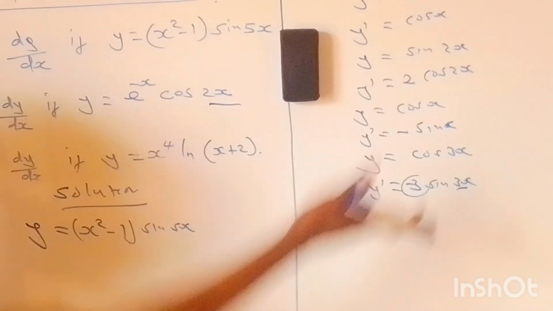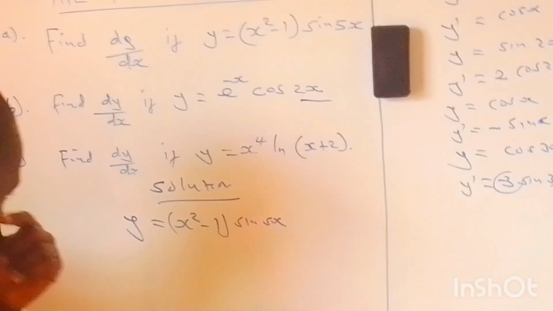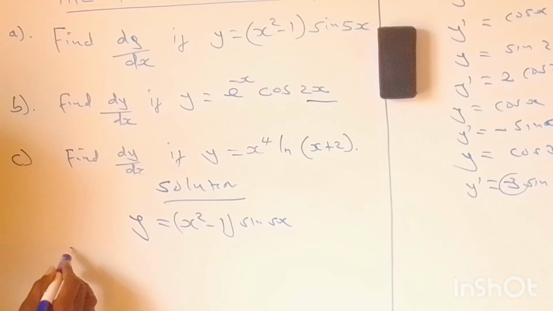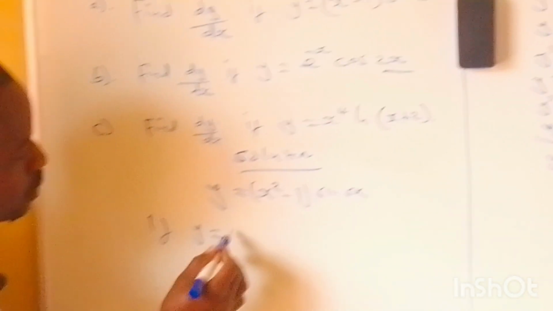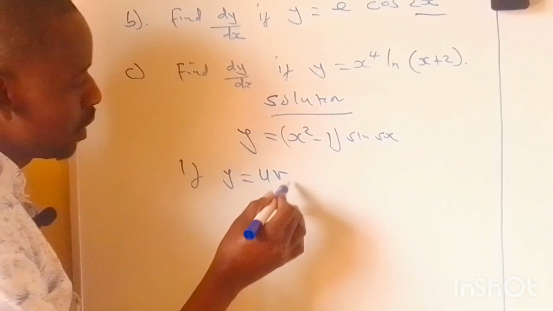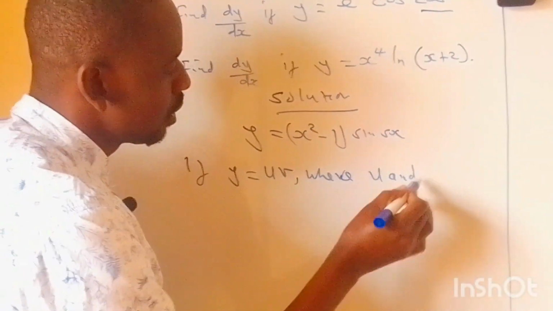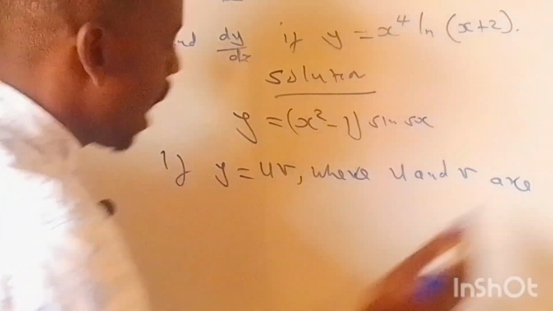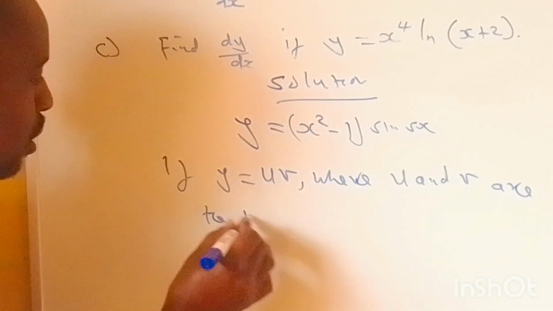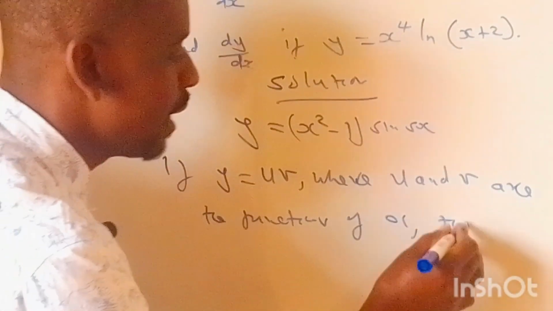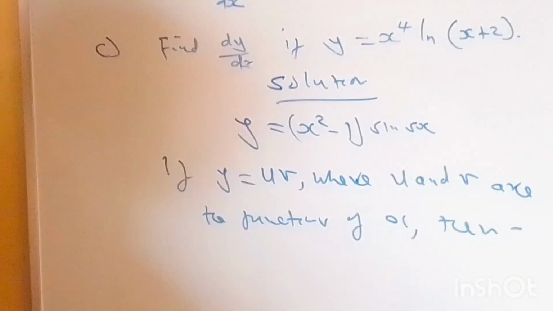So let's apply whatever we have seen there here. Let's start by saying if y is equal to uv, where u and v are functions of x, then what is the product rule?